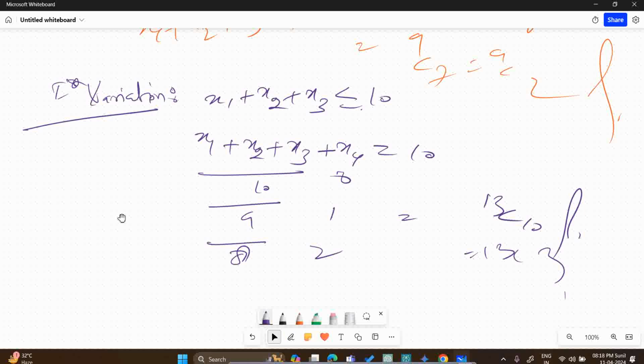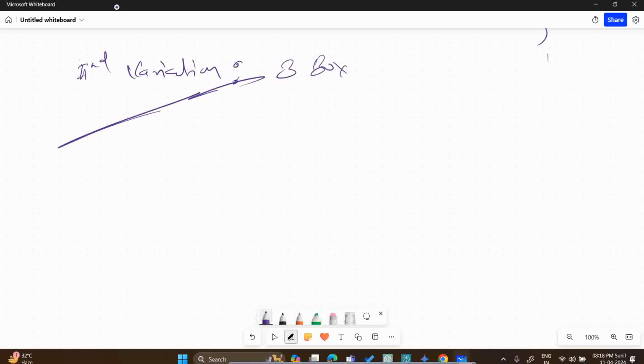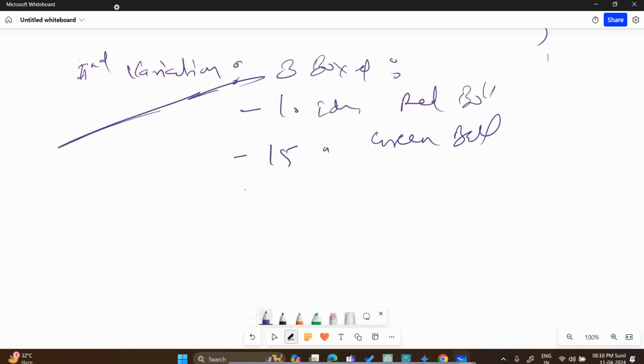Right. Second variation. Let's say there are three boxes. We have 10 identical red balls, 15 identical green balls, and 5 identical blue balls.